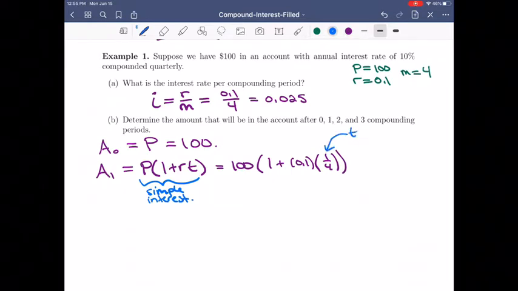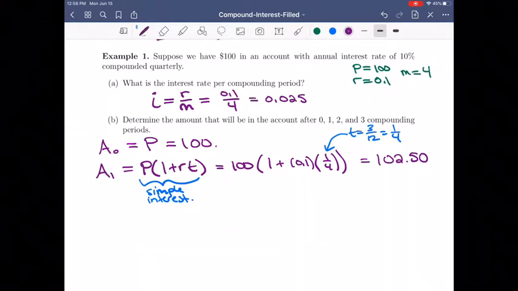A quarter of the year is 3 months, so it's 3 out of 12, or 1 over 4. If you compute that, you end up getting $102.50. But what I actually want to look at is, what does this look like?